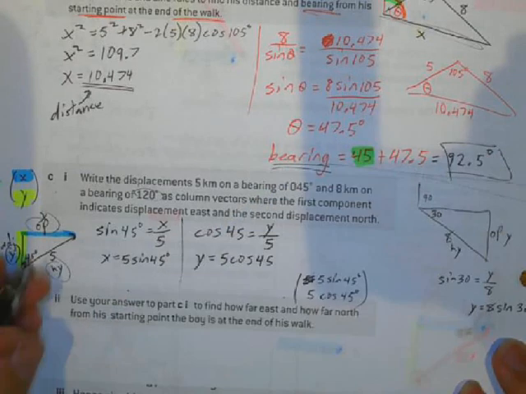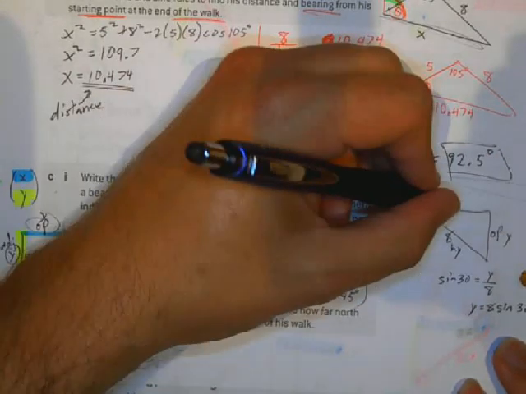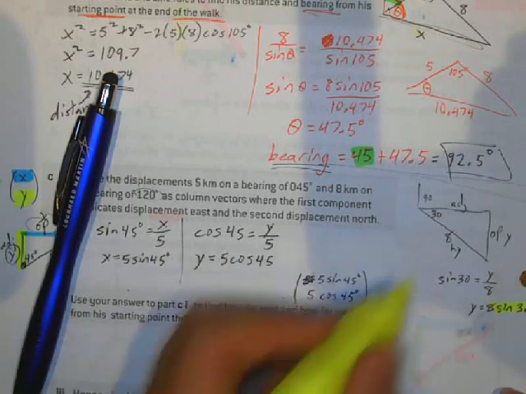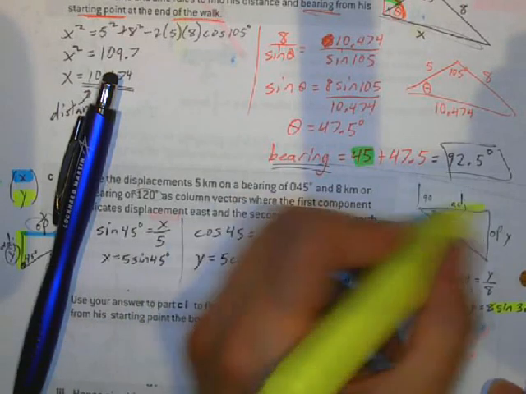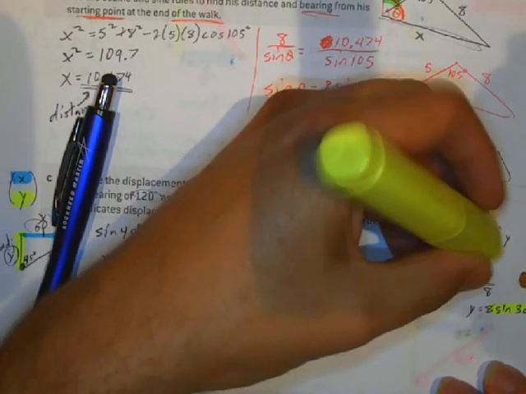And then for the x value, I can say we've got the adjacent. So for the x, oops, messed up with my coloring.